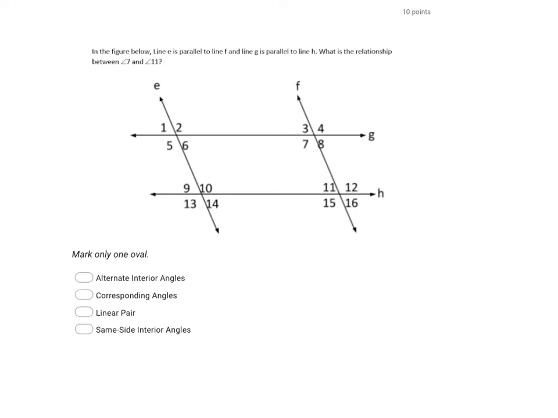In the figure below, line E is given to be parallel to line F. So let's highlight those two. And line G is parallel to line H. What is the relationship of angle 7 and angle 11?